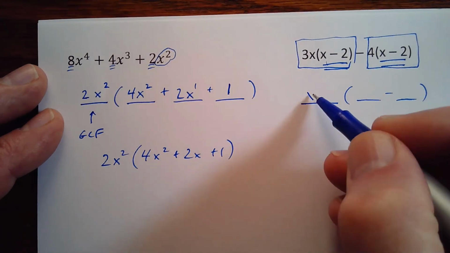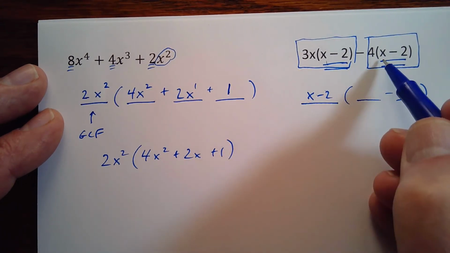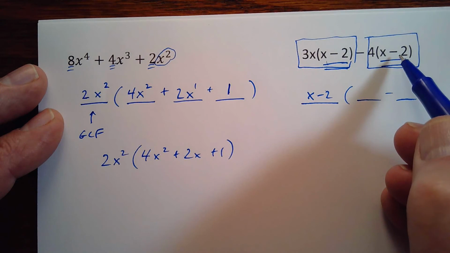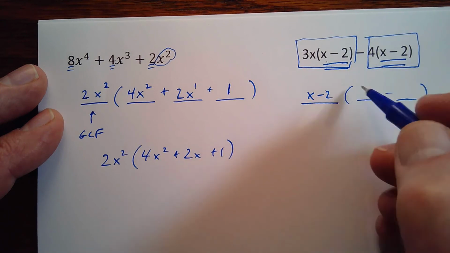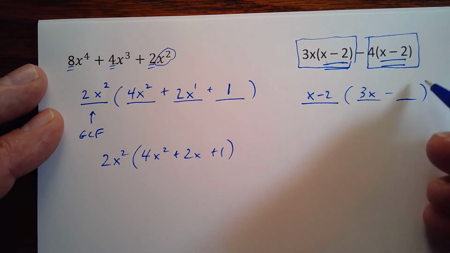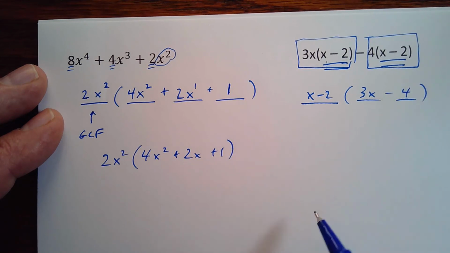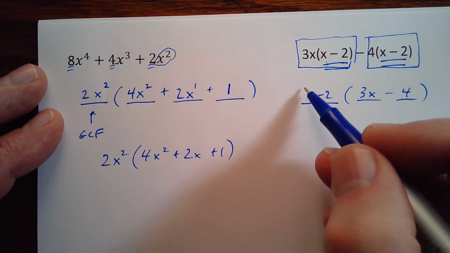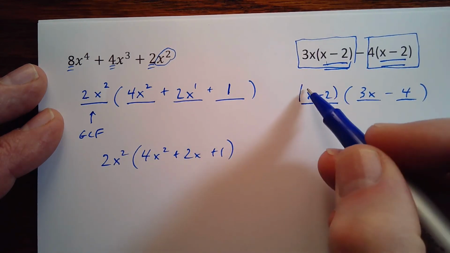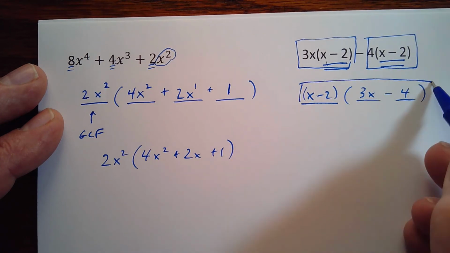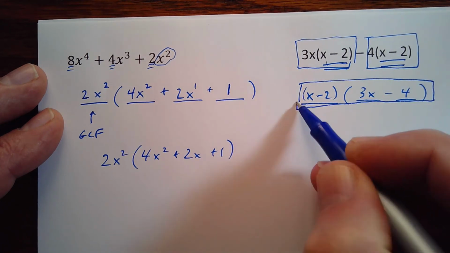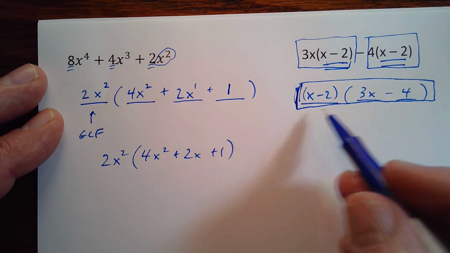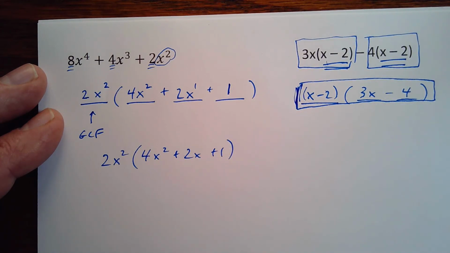So that x minus 2 is what's common to both of these big terms, and so I can factor that out and get a 3x minus 4 for the final result. So there, and these should really be in parentheses. It's really like a binomial times a binomial. We'll get into this grouping thing a little bit later.